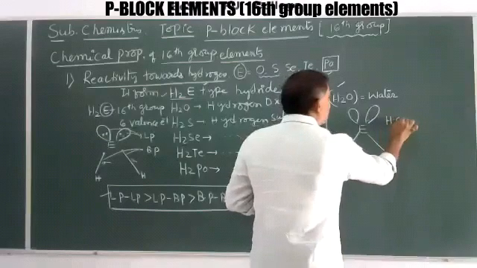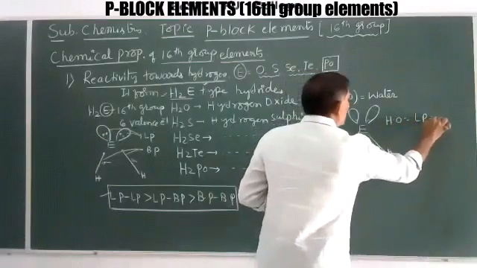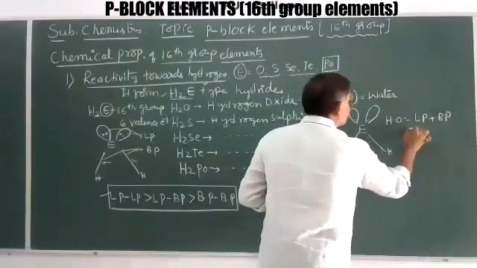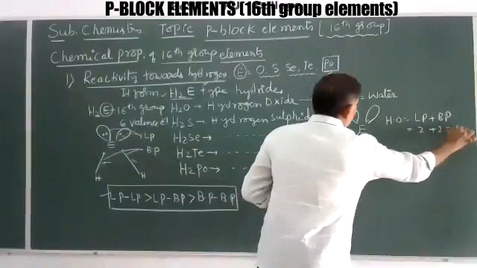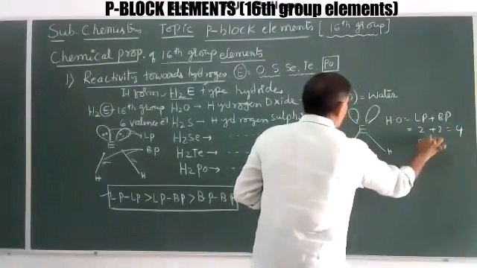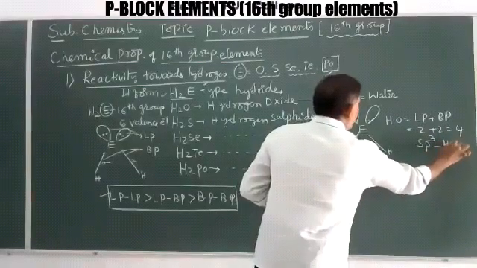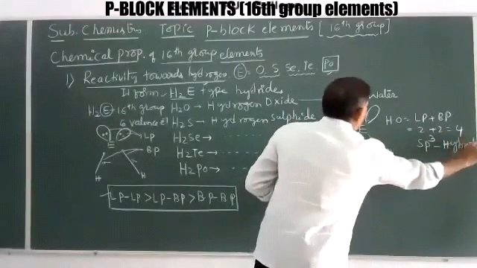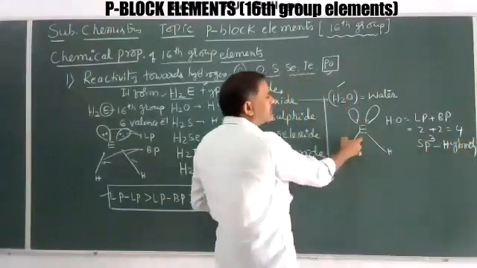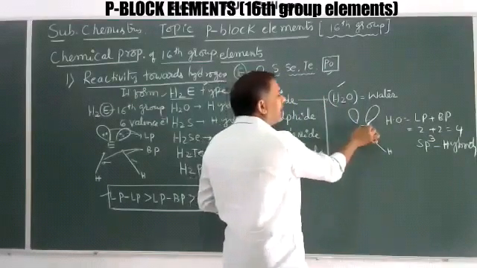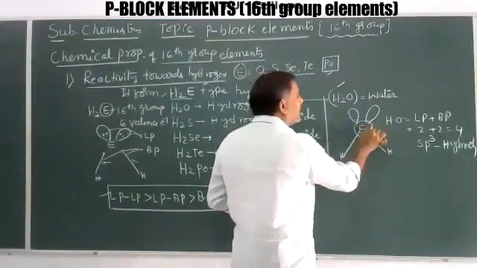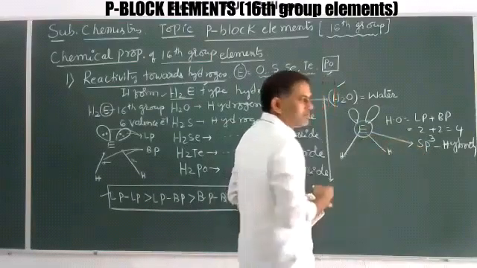The hybrid orbitals for a neutral molecule equal lone pairs plus bond pairs, 2 plus 2, which is 4. That's why sp3 hybridization. So in all hydrides of 16th group elements, the central element undergoes sp3.